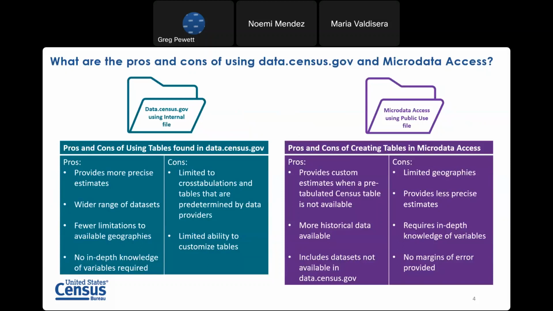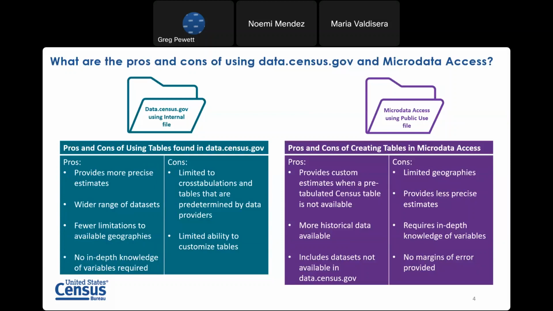Now, this slide is just going over some of the pros and cons of using data.census.gov and Microdata Access. So on the left side of the slide in that teal color, we have the data.census.gov section.